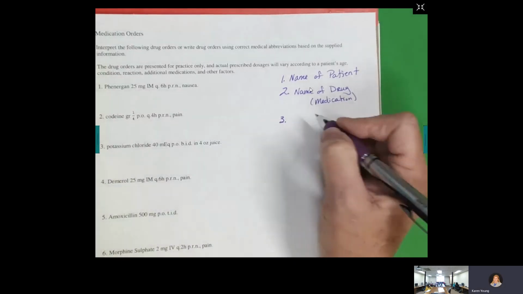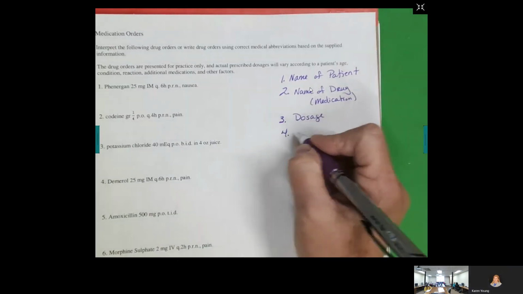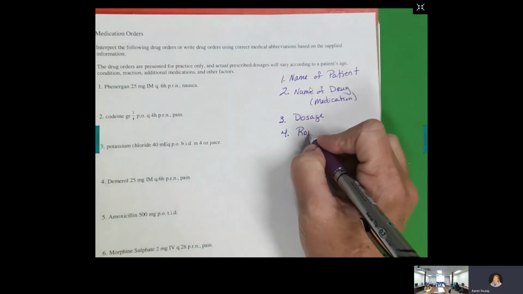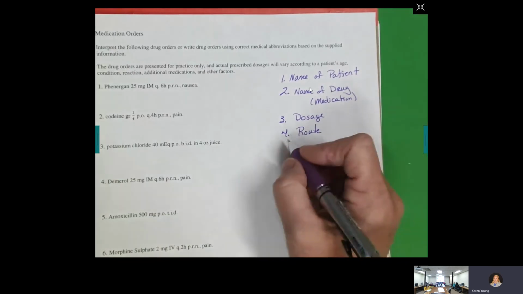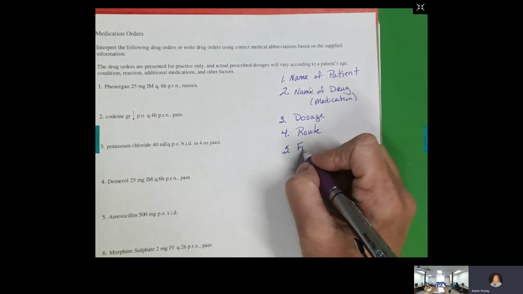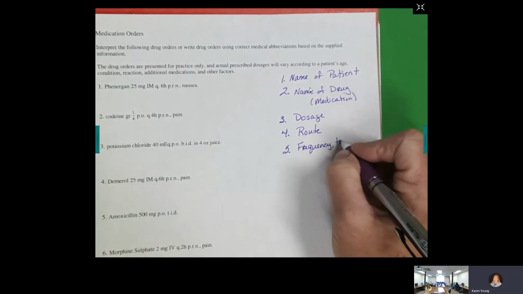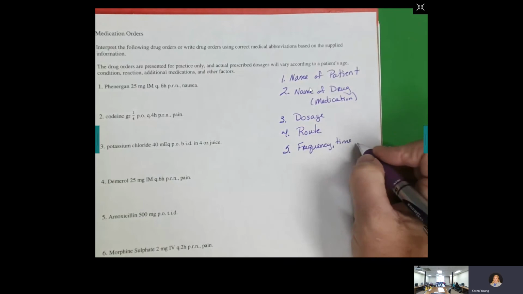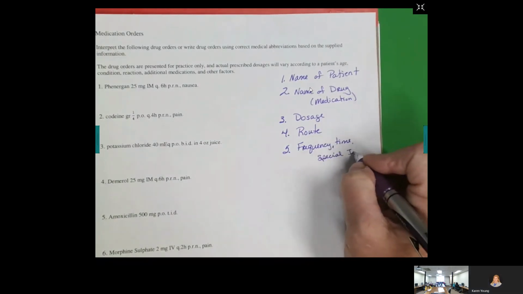And 3, you want the dosage of the drug. The 4th part is the route. How are you going to take it? How's it given? We want our frequency, which is the time or how often. And if there's any special instructions, they'll be in this one.